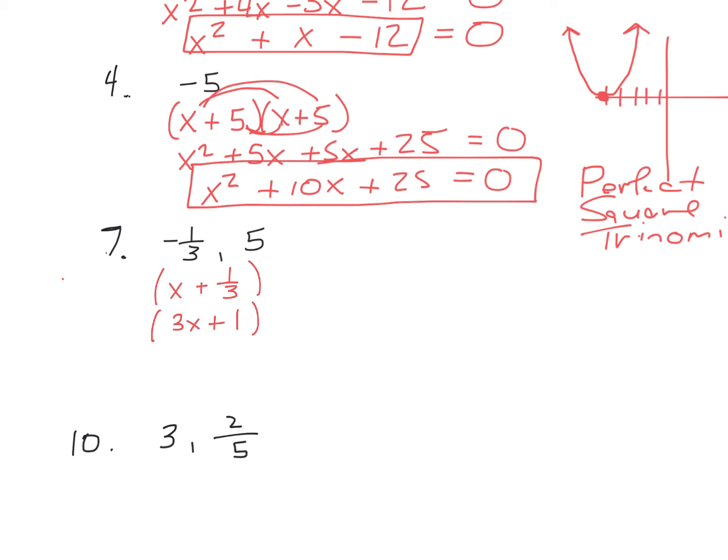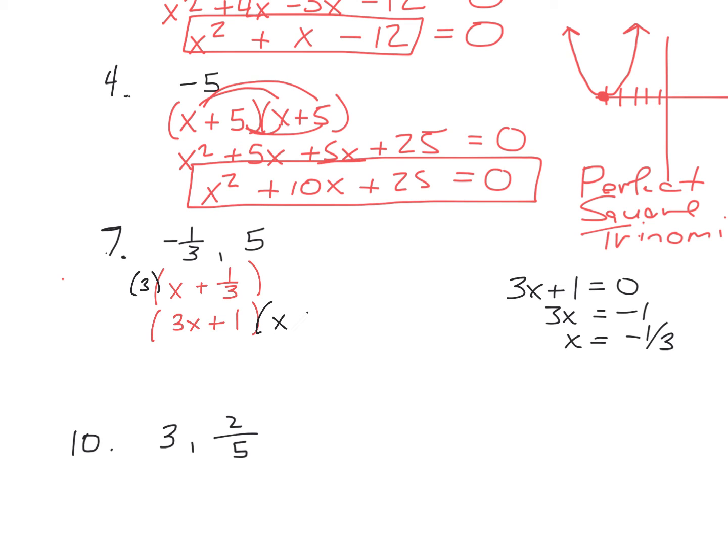That would be the same thing as what you'd get if you multiplied this one by a positive 3. The reason being then is if you set the 3x plus 1 equal to 0, and you subtract 1 and divide by 3, then negative 1/3 is your root, or 0.